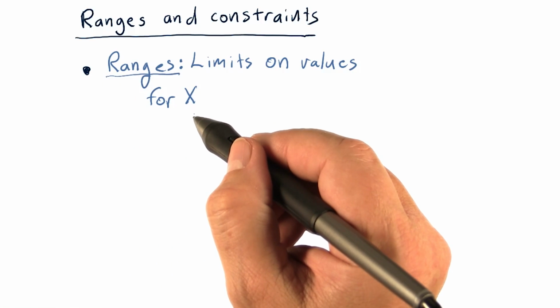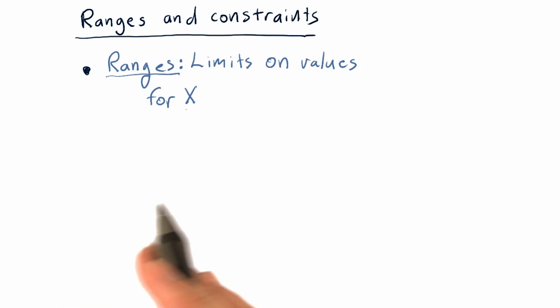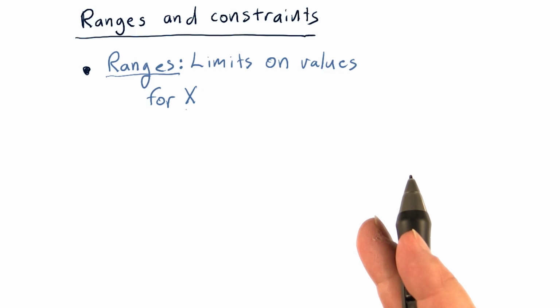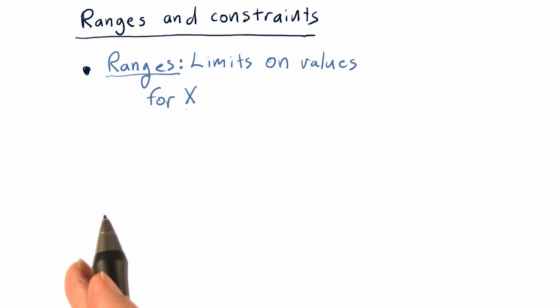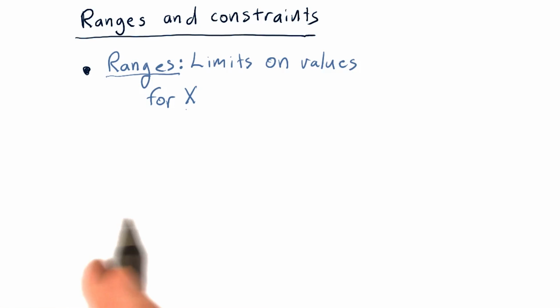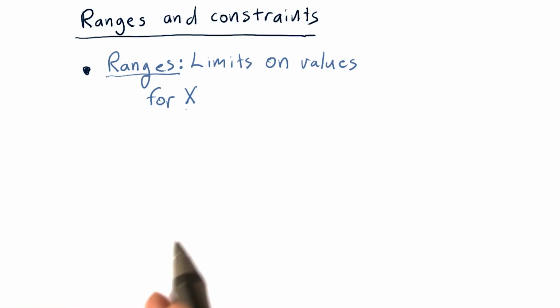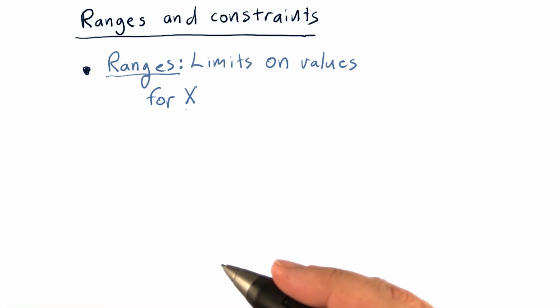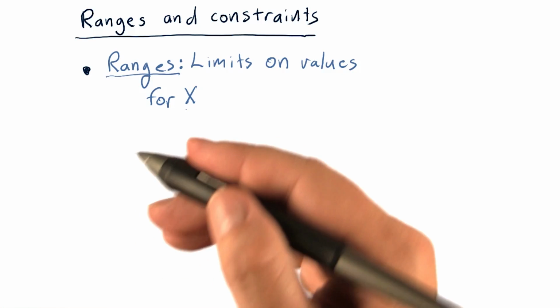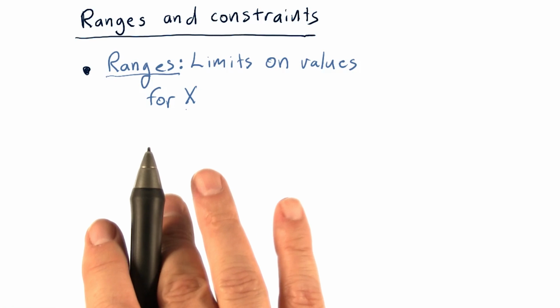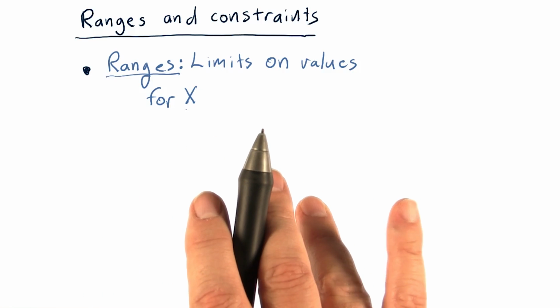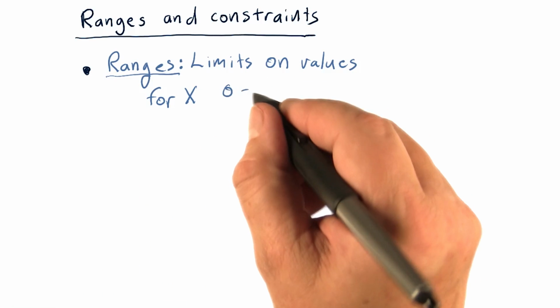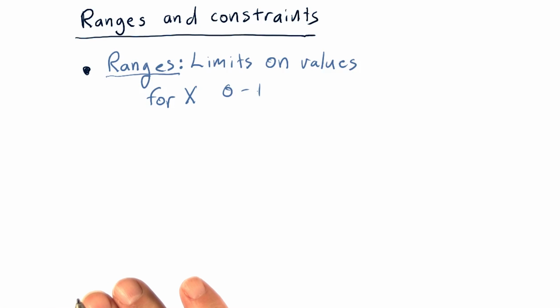for x. In other words, for this problem, for each of the various allocations, it's only worth looking at values between 0 and 1. A value of 2 would indicate 200% of your fund is in a particular asset, and that's not possible. It's only feasible to have 0% to 100%, or 0 to 1, in each of these assets.